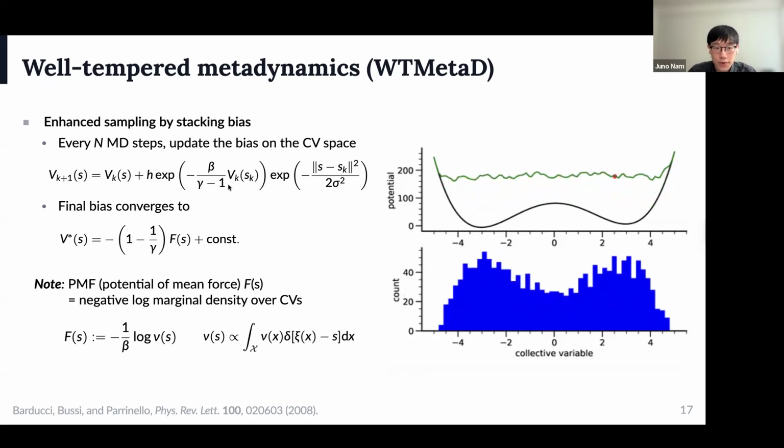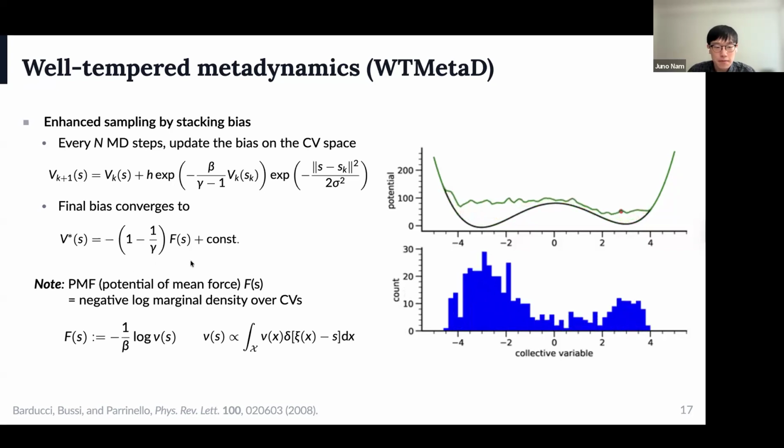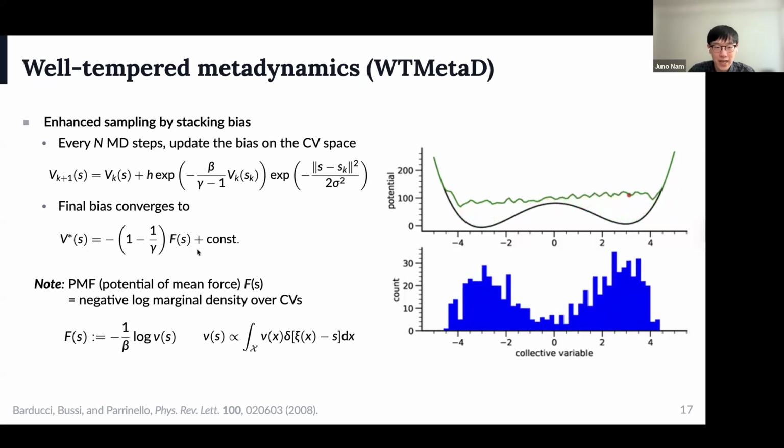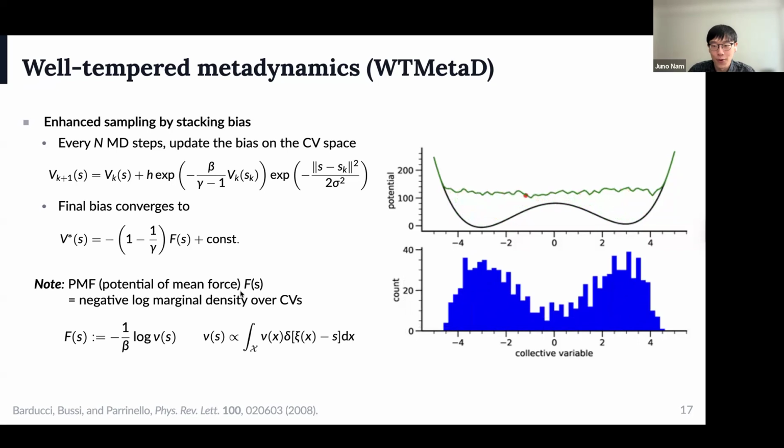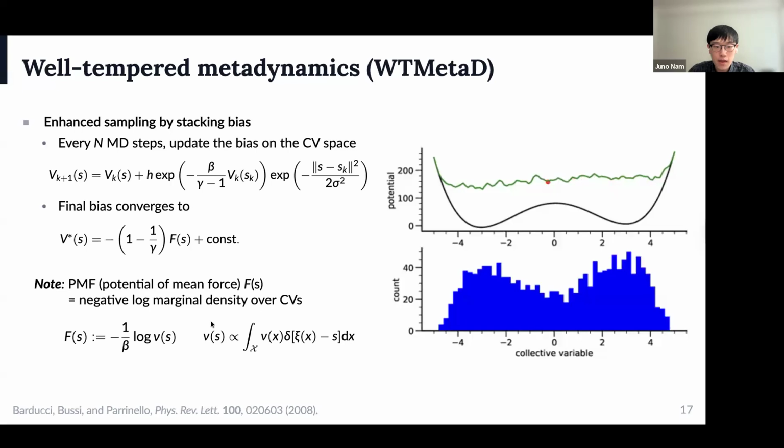According to this gamma factor, the final bias will converge to a smoothened version of the original potential energy landscape. This bias corresponds to a scaled version of the PMF, the potential of mean force, or alternatively the free energy landscape, which is the negative log marginal density over the low dimensional collective variables.